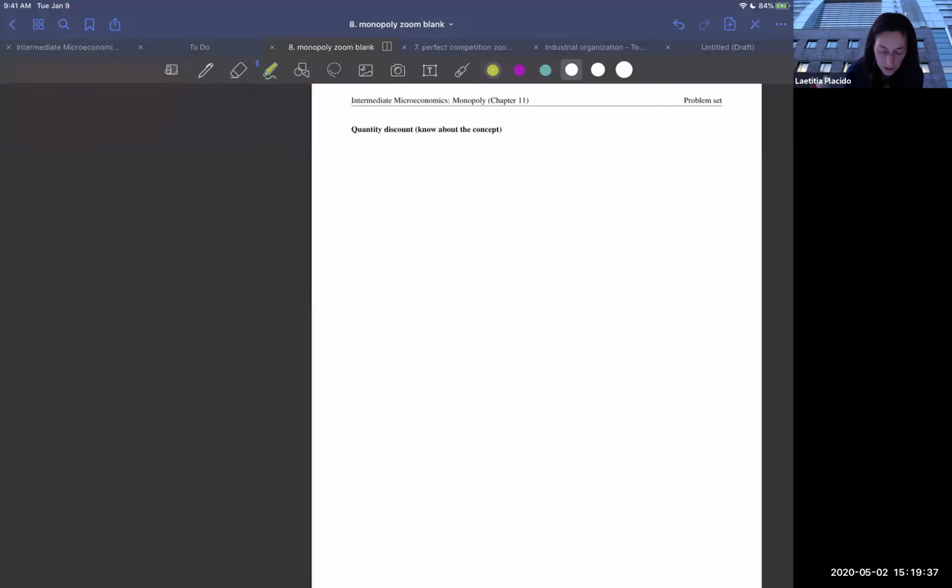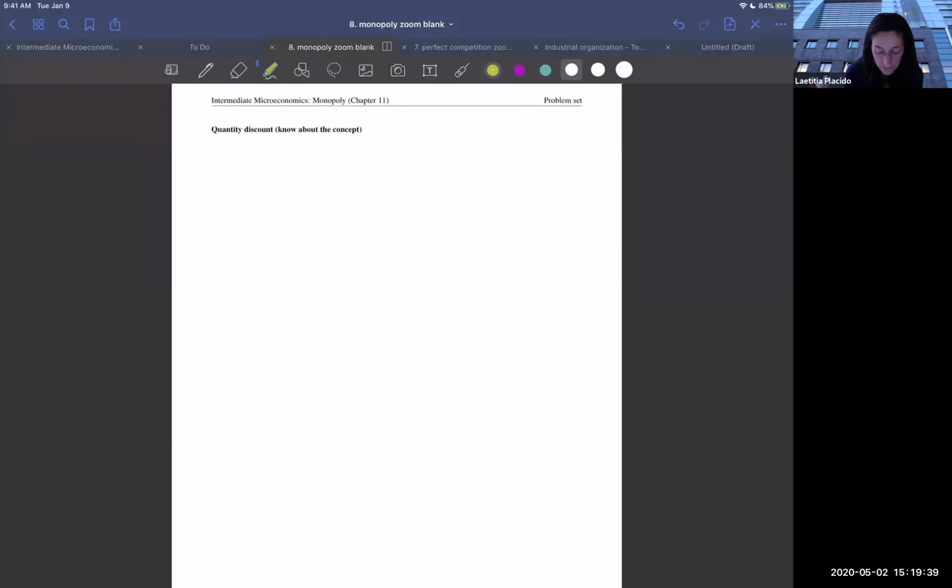Another kind of price discrimination, though I didn't put any problem on it, is quantity discount. Quantity discount just means that as you sell a larger amount of a given good, you charge a lower price. When you go to Starbucks, if you choose the small size, you are charged one price.